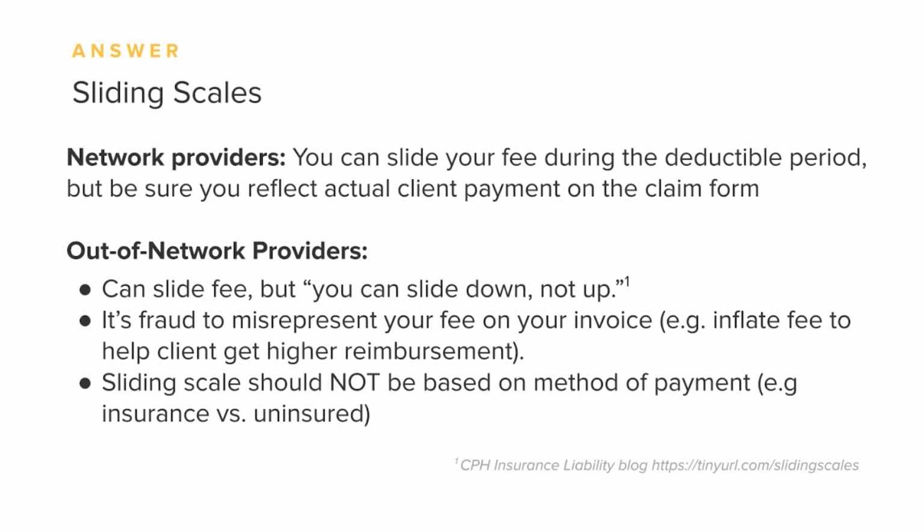You can make whatever sliding scale you want, but it needs to be a policy you have, consistently applied, one you could point to that doesn't discriminate against people on the basis of race or the like, and it shouldn't be based on method of payment.